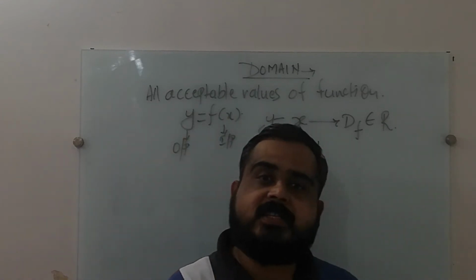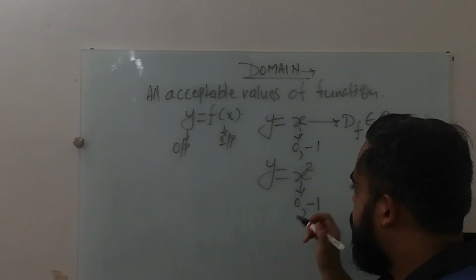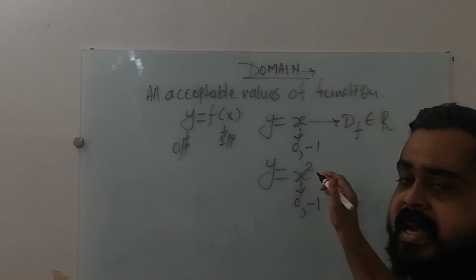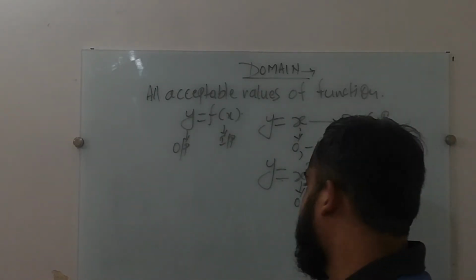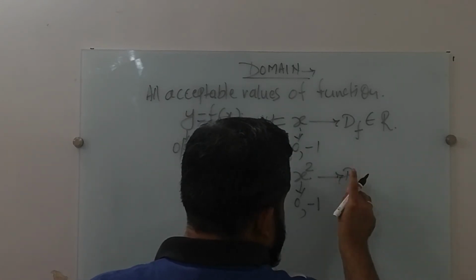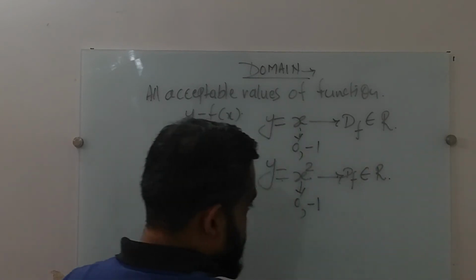X equal to minus 100, I will get y equal to 100 square, and so on. Here also there is no constraint on this x that we can't substitute a particular value in this x. So here also the domain of the function is all real values.